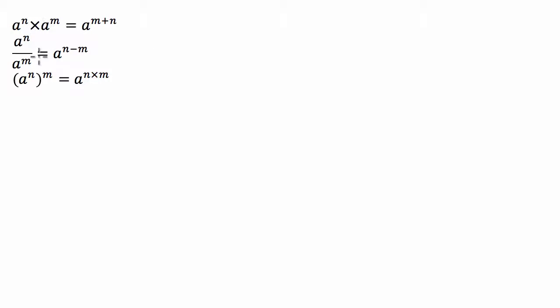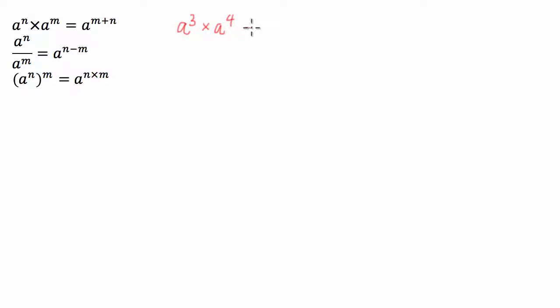So the multiplication law says if we have the same base and we multiply them together, we can add the indices. The reason this works is, let's say we have, rather than n and m, a to the power of 3 times a to the power of 4.